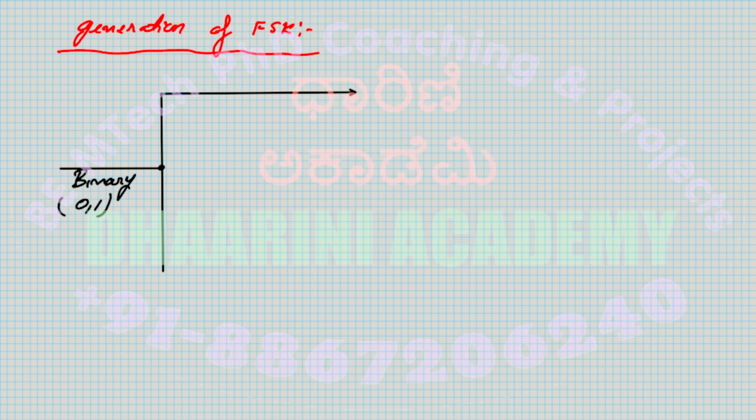So I take the signal as being 1. Simply multiply that using a product modulator, and what I'm going to multiply to this is phi 1 of t.